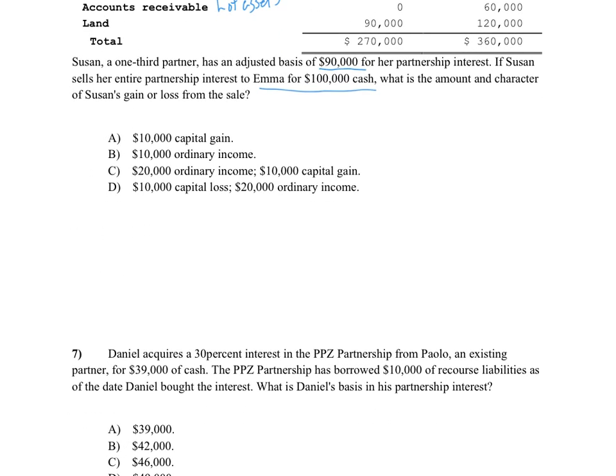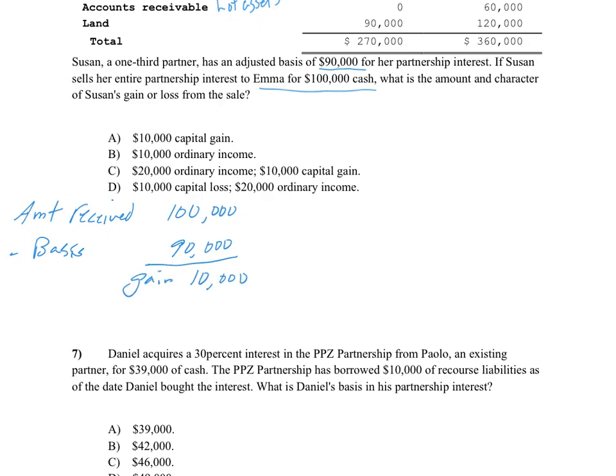Let's start the same way. We look at her amount received minus her basis. Her amount received is $100,000 cash. Her basis is $90,000. So her gain is $10,000. Now we have to figure out if that gain is ordinary or capital.